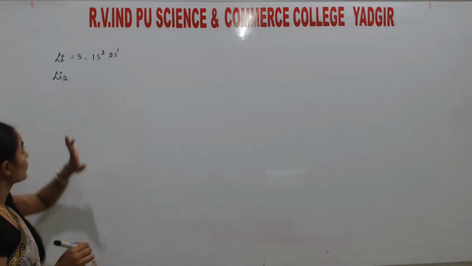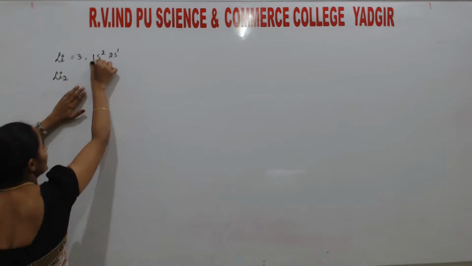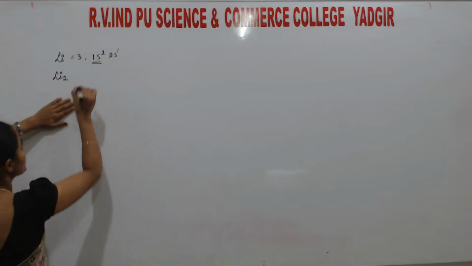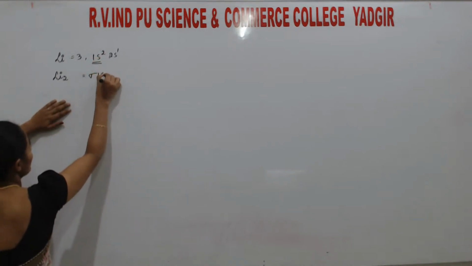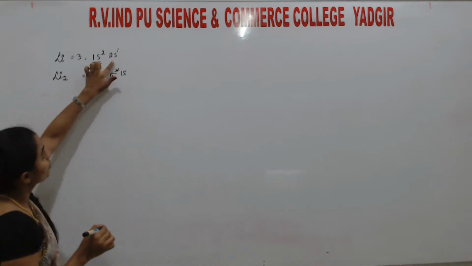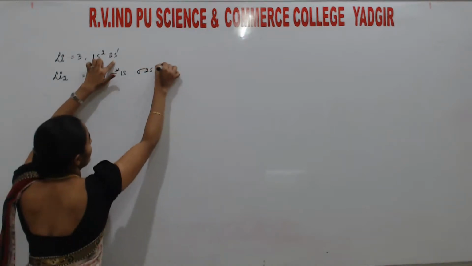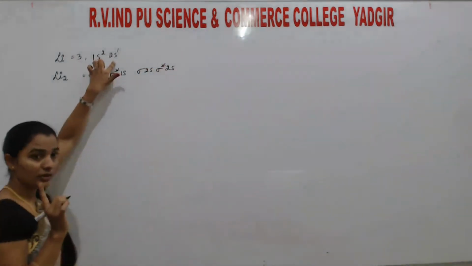Remember how to write the configuration. If a 1s orbital is there, always write sigma 1s, sigma star 1s. If 2s is there, then sigma 2s, sigma star 2s. Are you getting it?